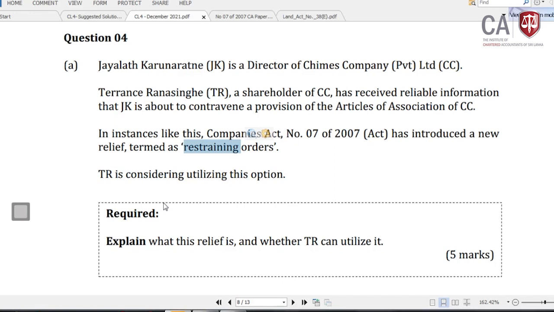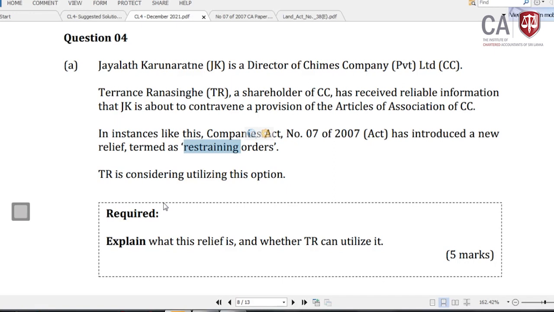So the directors have the power to make decisions with regard to the management of the company, but it is subject to the restrictions provided under the Companies Act and also in the Articles of Association. So if the Articles of the company, which is the constitution of the company, impose a particular restriction on the director's ability to make certain decisions, obviously the director should comply with it.